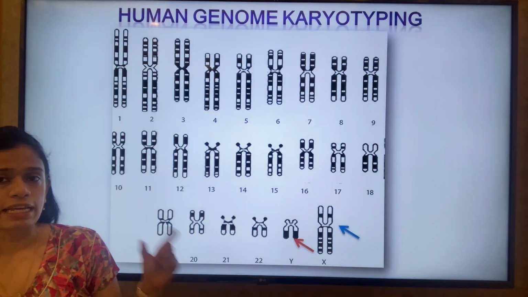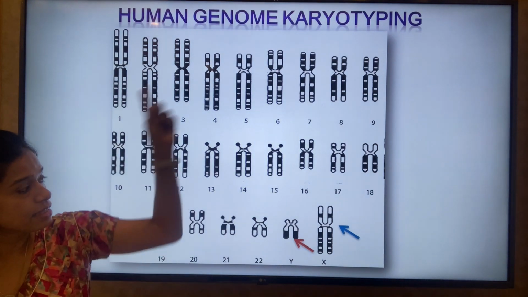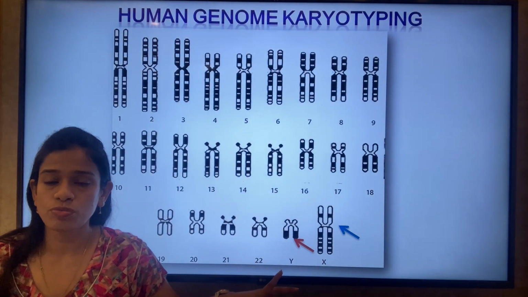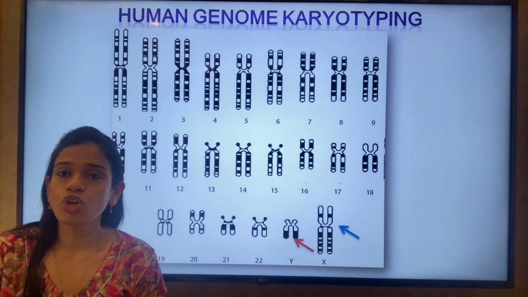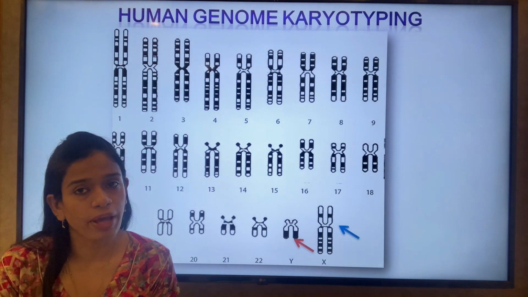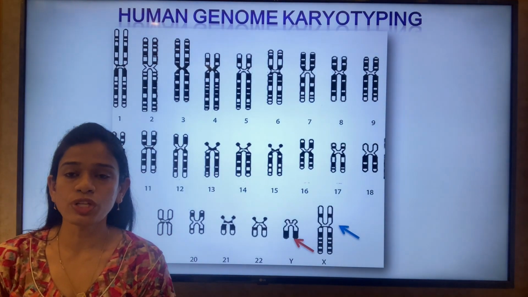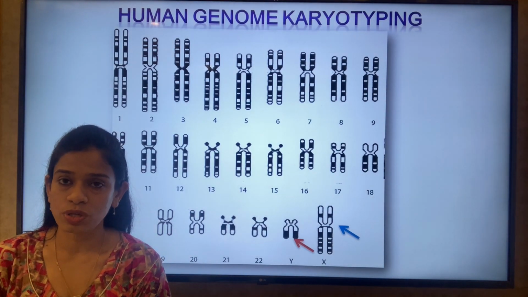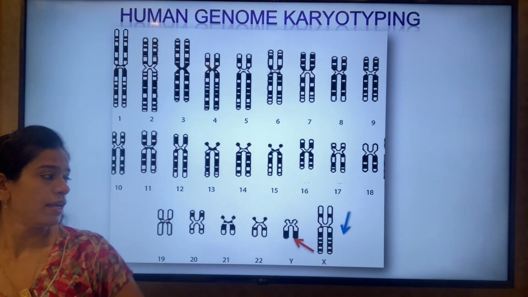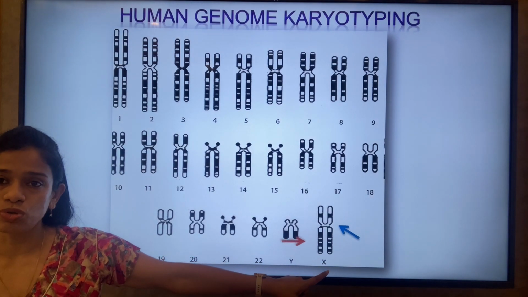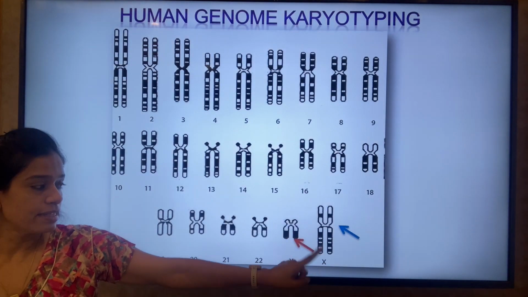So if you see, this is all of the chromosomes of human beings. We human beings have 23 pairs of chromosomes, out of which 22 pairs are autosomes and 1 pair is the sex chromosome.